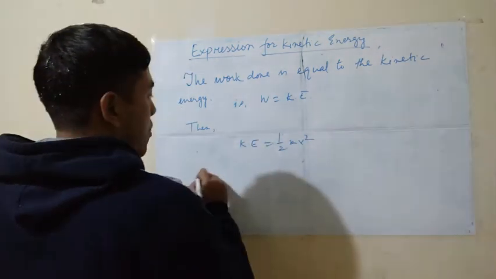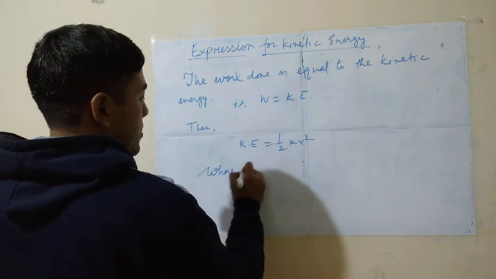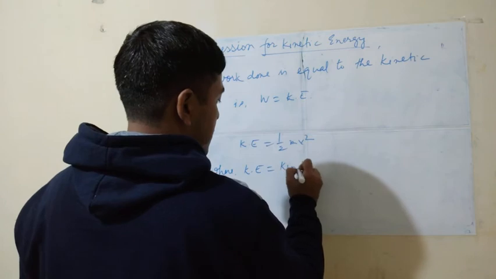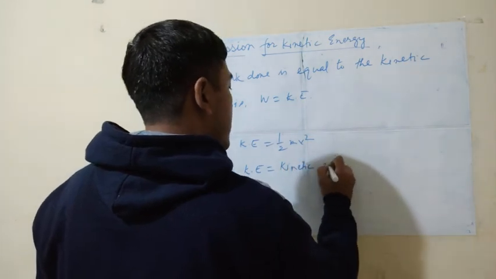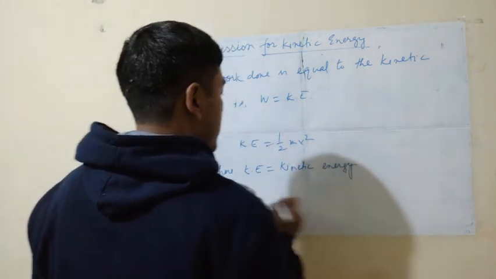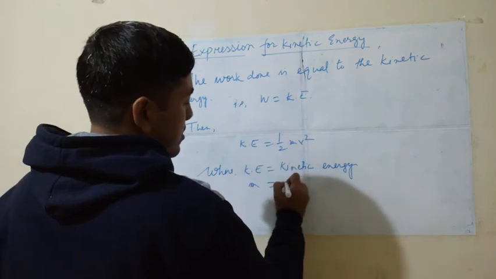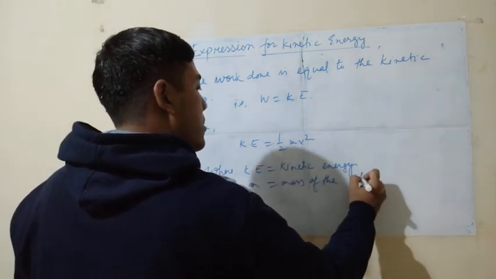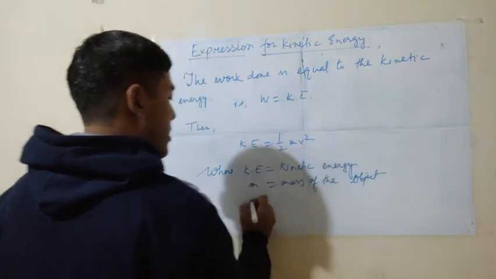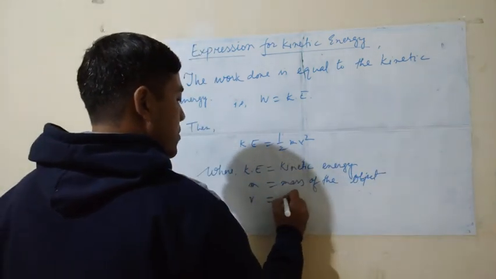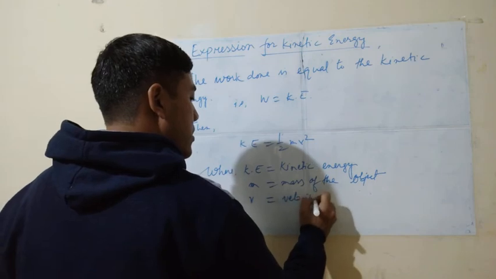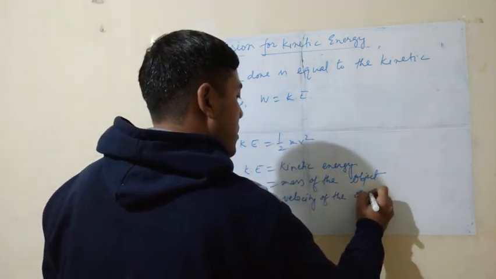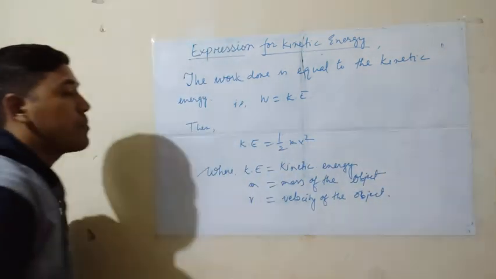Right? Now where KE is equal to kinetic energy, M is equal to mass of the object, V is equal to velocity of the object. Okay, please copy down.